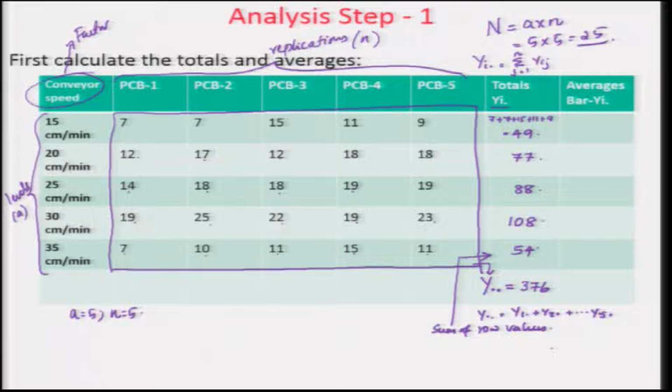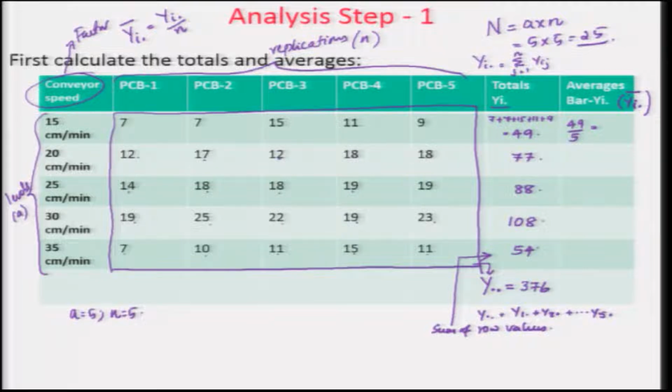The next one we are going to do here is yi dot bar, which is the average of these. So, yi dot bar is equal to yi dot divided by n.